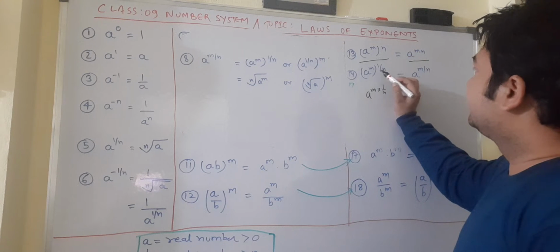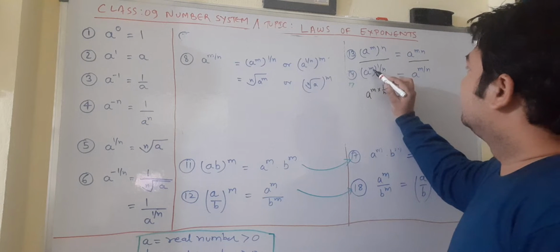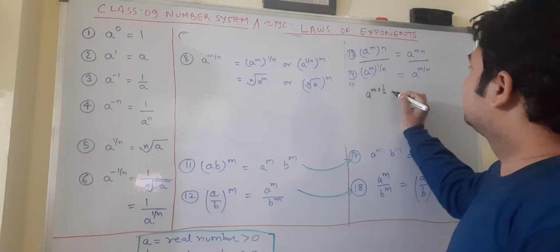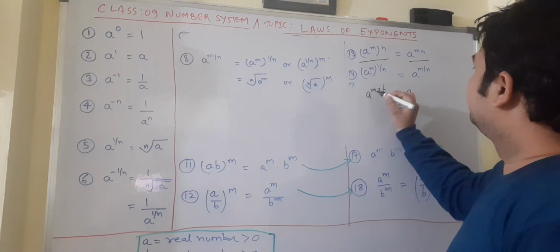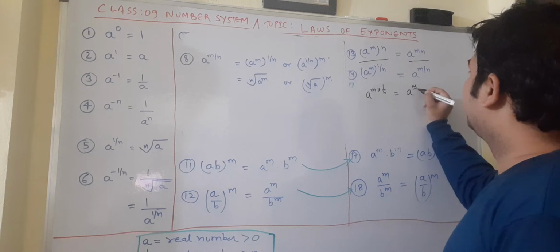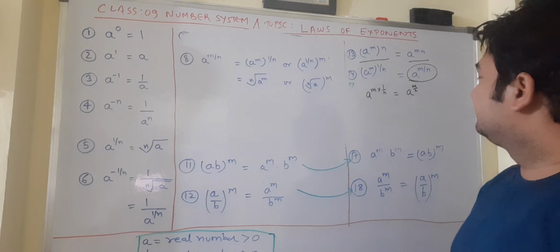So 1 by n is the power of a to the power m. The base will remain same, and with the base remaining same, the powers will multiply in this case. So it will become a to the power m into 1 by n. What it becomes? It becomes m by n. So this is nothing but a to the power m by n.